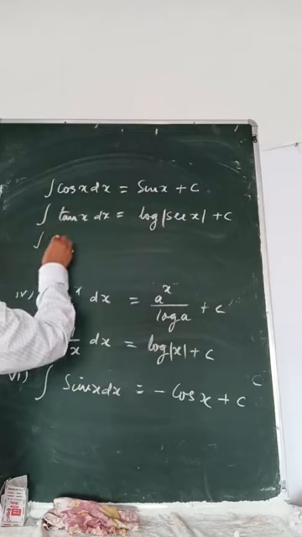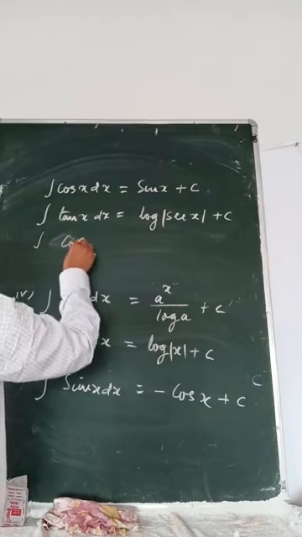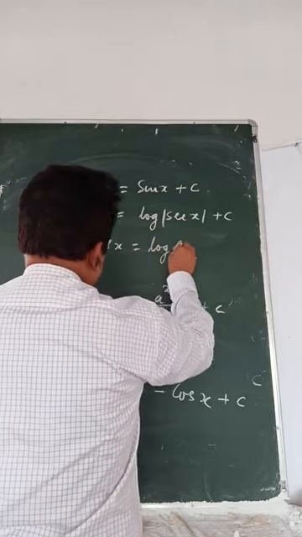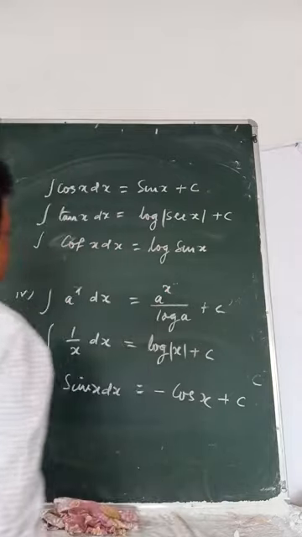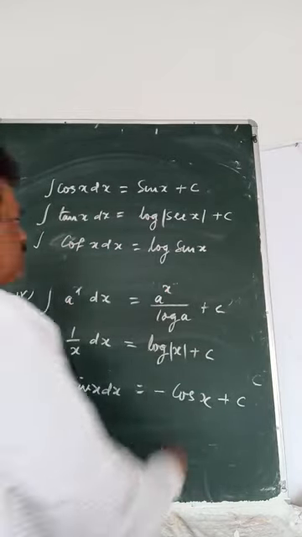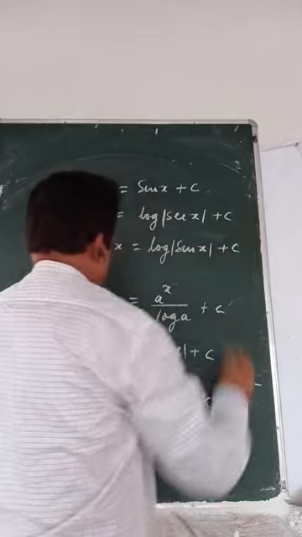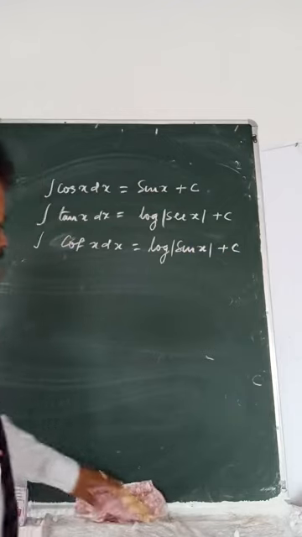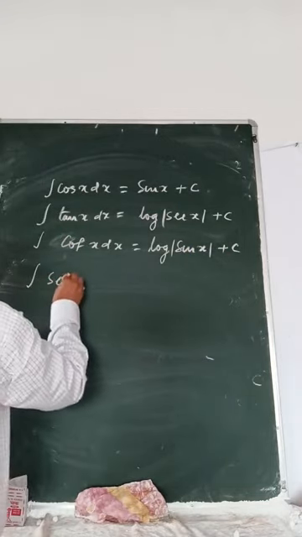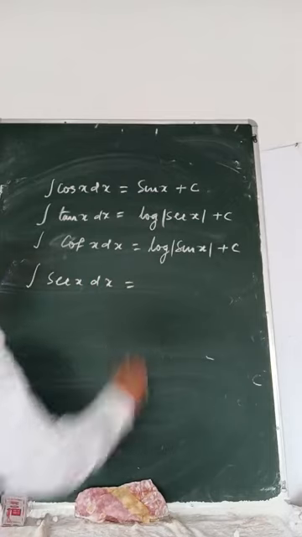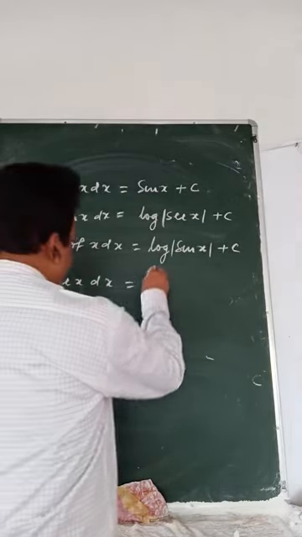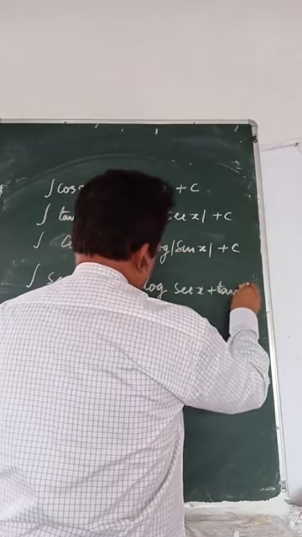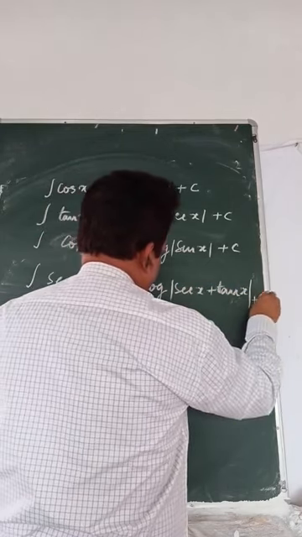Integration of cot x is log |sin x|. Then integration of sec x is log |sec x plus tan x| plus a constant.